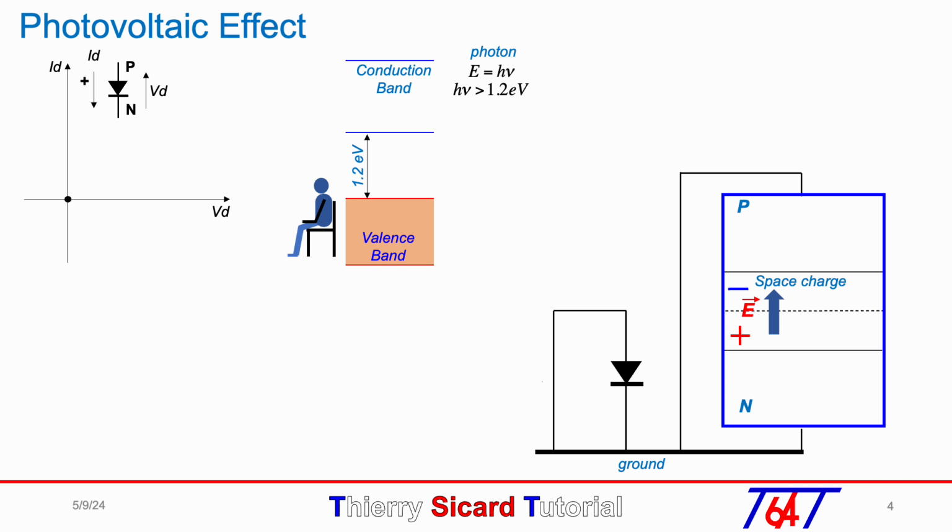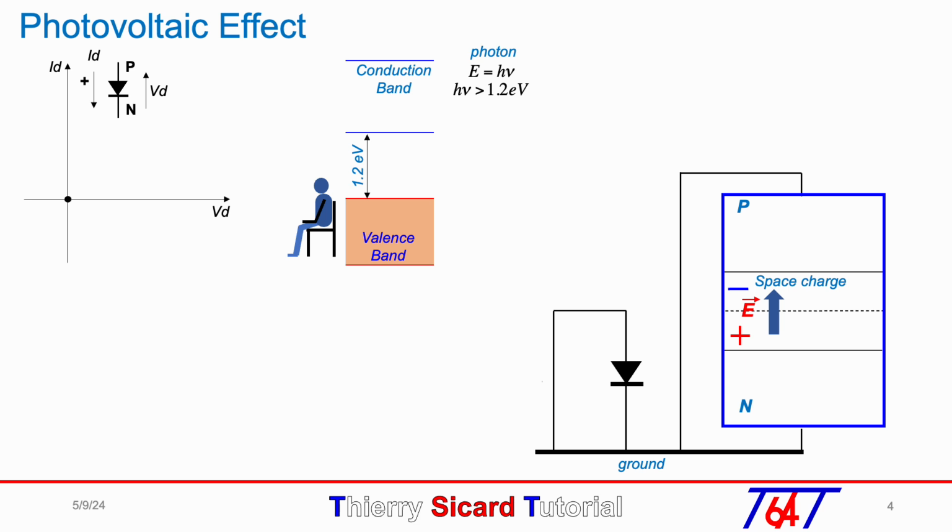On the right, I represented a p-n junction with its space charge and the diode symbol. The p-n junction and the diode are shorted. In a p-n junction, the space charge is equivalent to an intrinsic silicon with no free charges, but the main difference is the electric field E provided by the space charge.